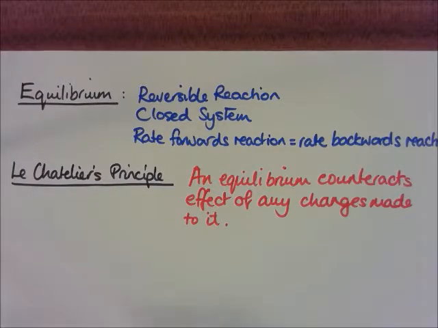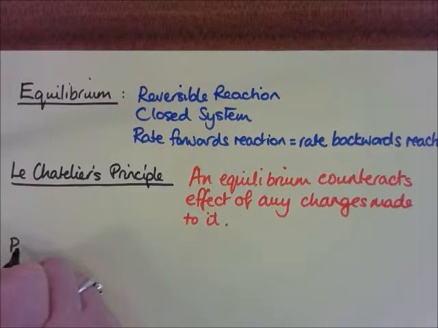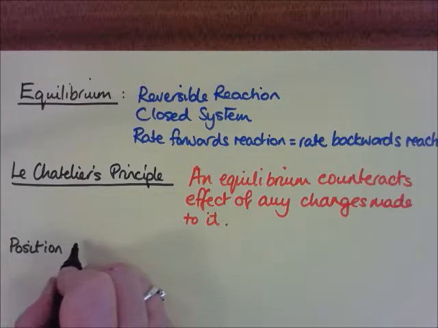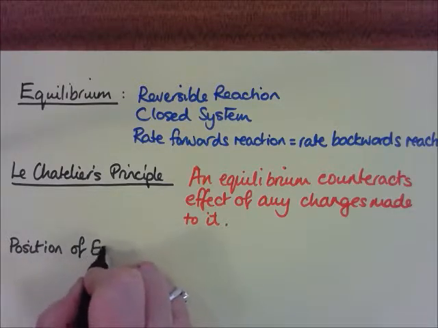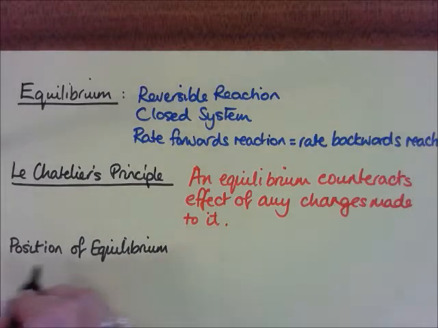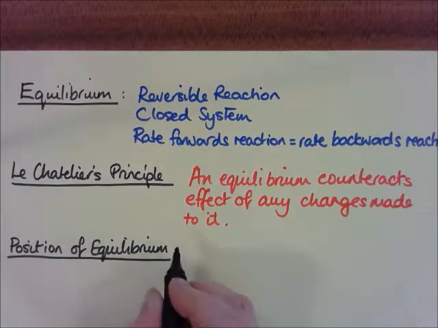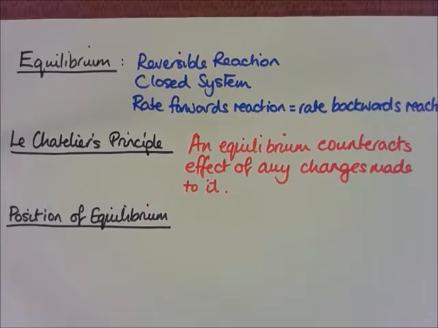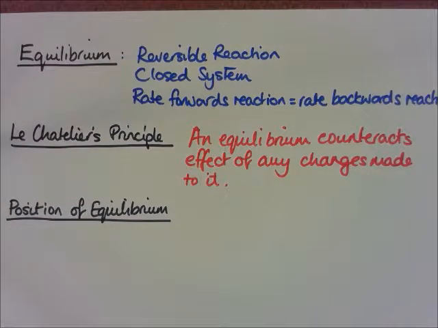So how are we likely to meet this in an exam? We are likely to meet it in the form of position of equilibrium. Left to themselves, with the same conditions, temperature, pressure, concentration, reactions that are reversible will establish an equilibrium where the proportion of each reactant and product is constant.